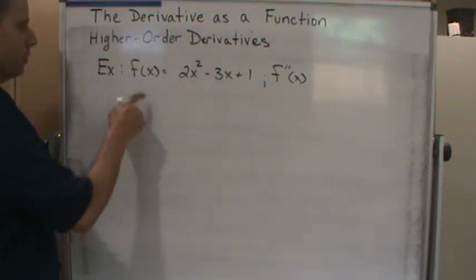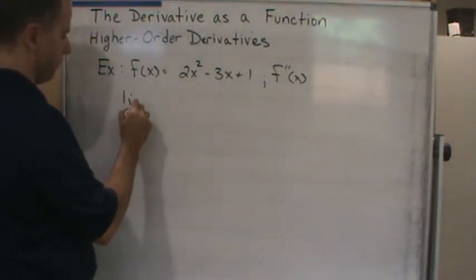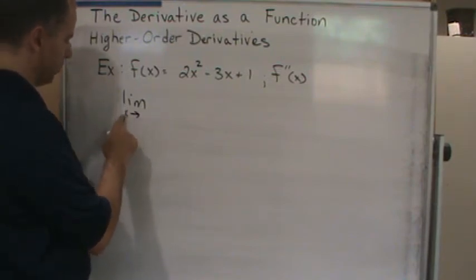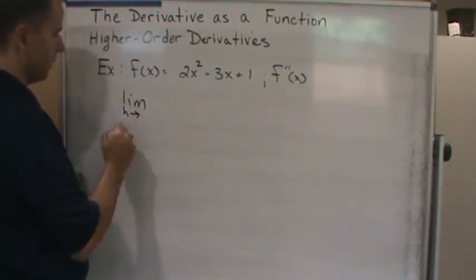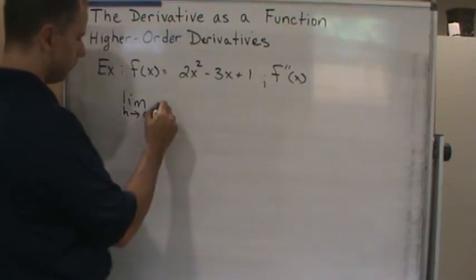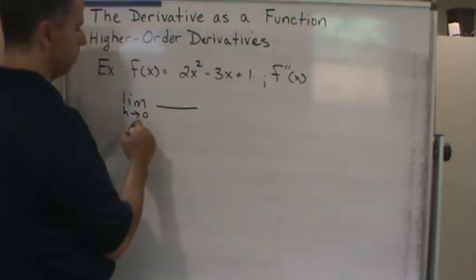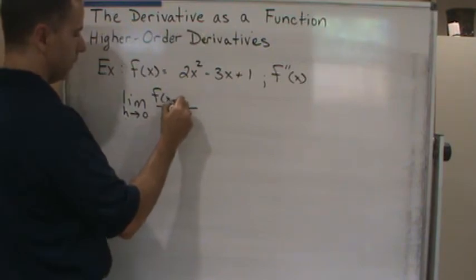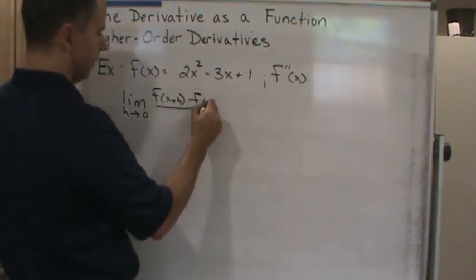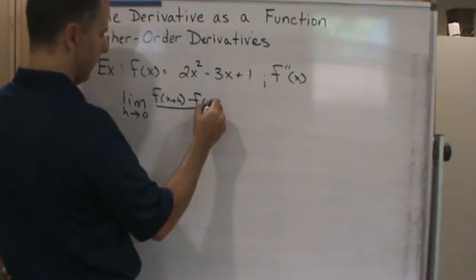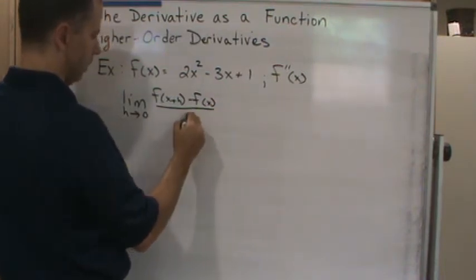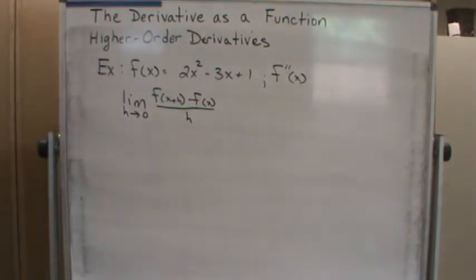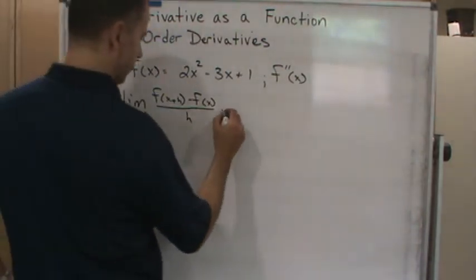So the first thing is we're going to take the limit as h approaches 0 of f of x plus h minus f of x over h. So now let's do that.